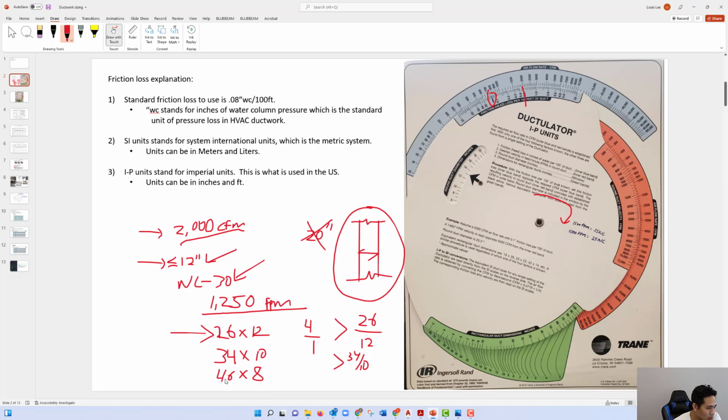But in this case, 46/8 is going to give us a ratio that is 5.75, which is more than the maximum ratio of 4. So this one we can't use.